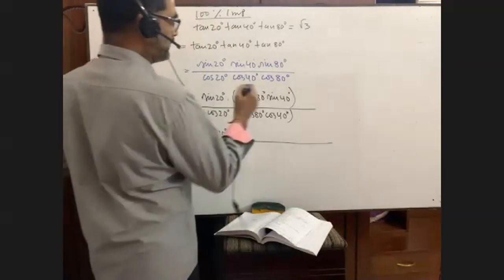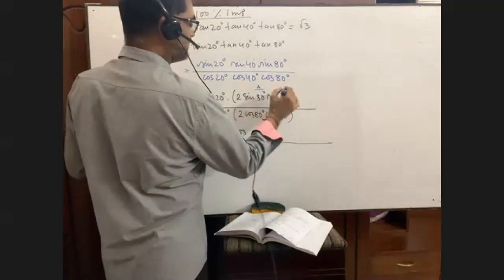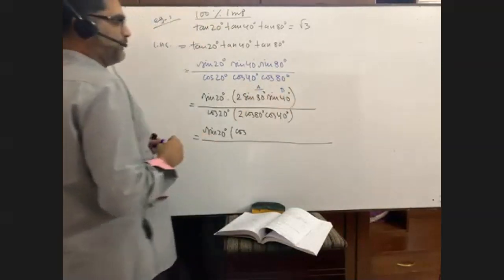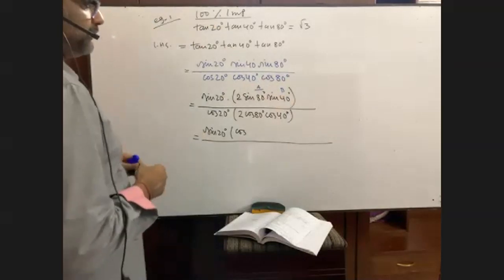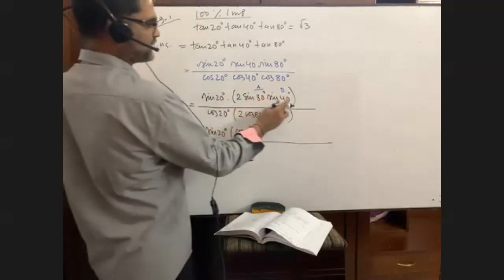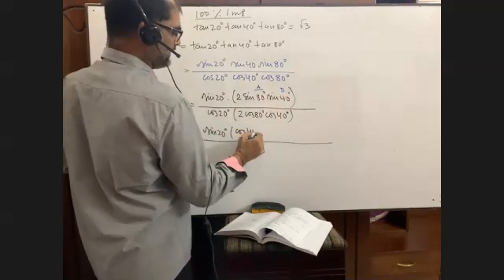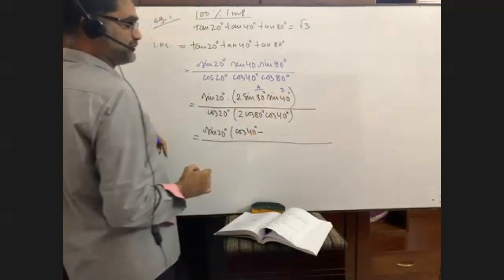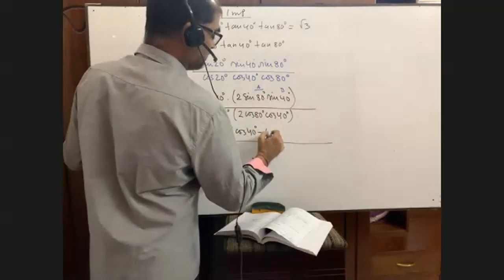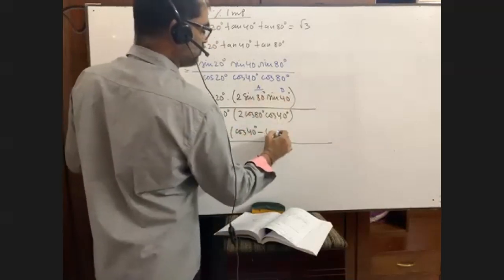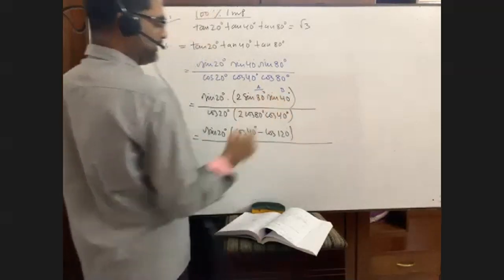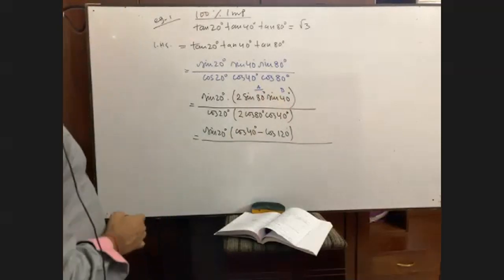As I told you earlier, this is A and this is B. Cos A minus B means cos 80 minus cos 40 degree. Then it is minus cos A plus B. A plus B means 80 plus 40 equals 120. Am I right? Yes, sir.